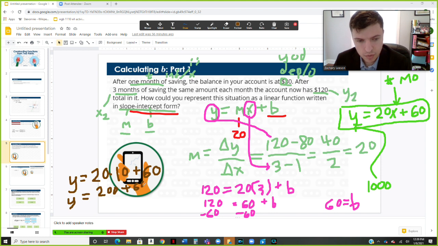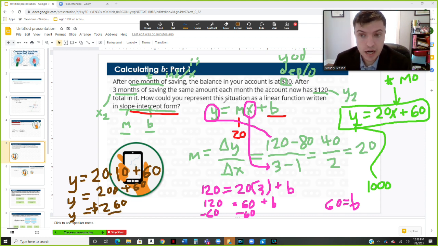So after 10 months of savings, I will have $260. And from there, you might be able to figure out how many more months I need to save to get to my target goal, right? So after 10 months of savings, I'll be up to 260.